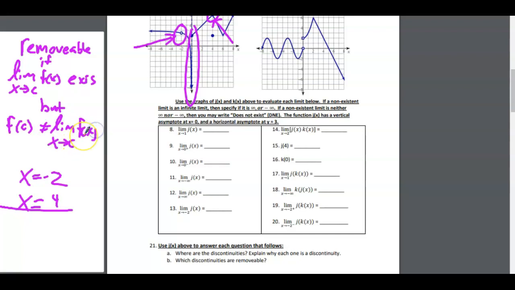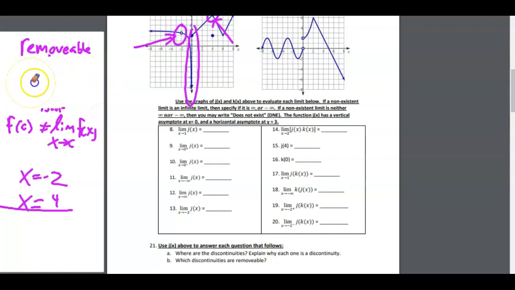Okay, so in this case, the limit exists, but the function doesn't equal it because the function doesn't exist. In this case, the limit exists, but it doesn't equal the value of the function at that point. So in both cases, you have a removable discontinuity. Now, the quick and easy way to identify it is to understand that removable discontinuities always look the same.